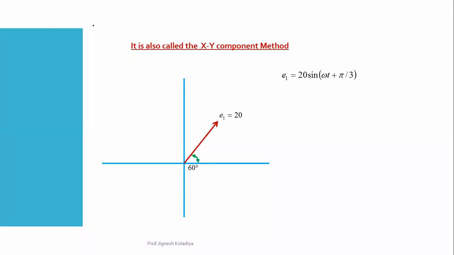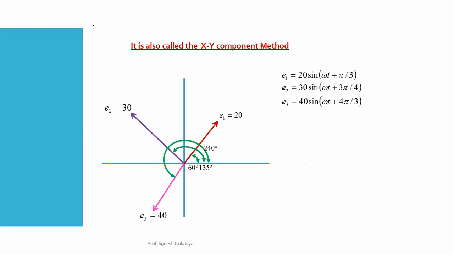Okay, so if you have three vectors, then how can we solve it? I'm just taking the example of this xy component method. Let this be my first vector, E1 is equal to 20 sine omega t plus pi by 3. The second vector, E2, is equal to 30 sine omega t plus 3 pi by 4.